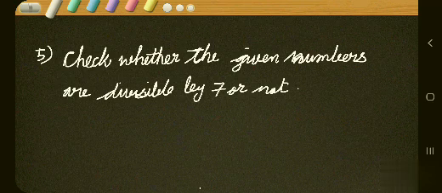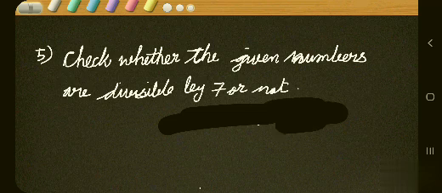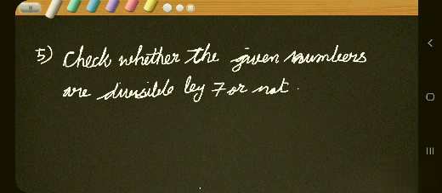And after finding this product, it has to be subtracted from the rest of the digits. If the answer is either 0 or divisible by 7, we can say that the given number is also divisible by 7, isn't it? That is the rule of divisibility by 7.